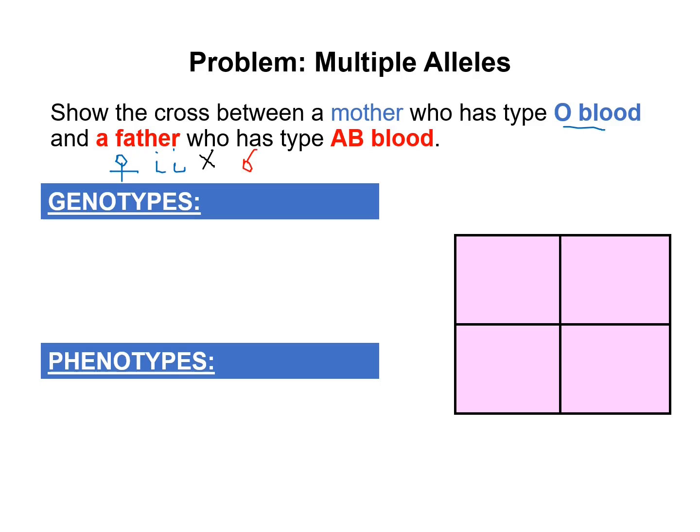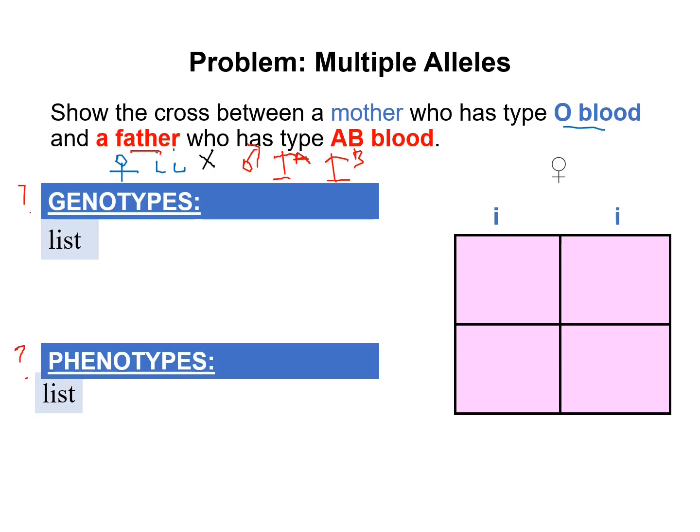We have the symbol of a man, and he has a blood type that is A and B, so it will be a capital A here and a B here. Now you have to find the genotypes and the phenotypes, so you have to list them.